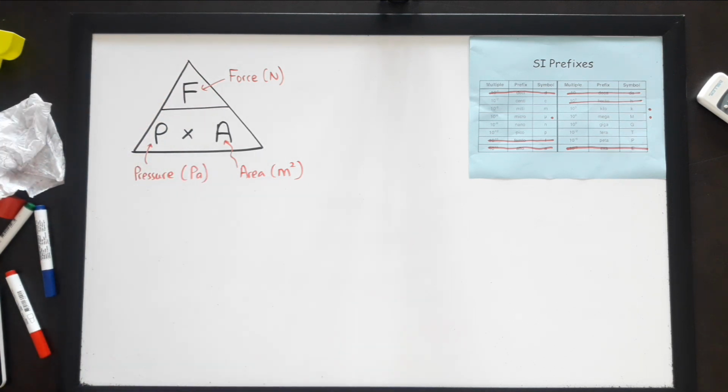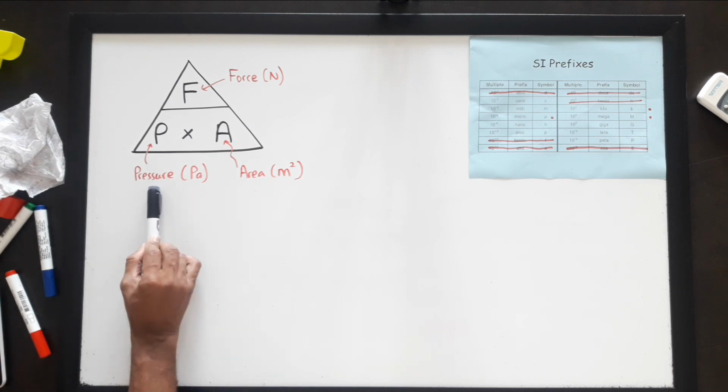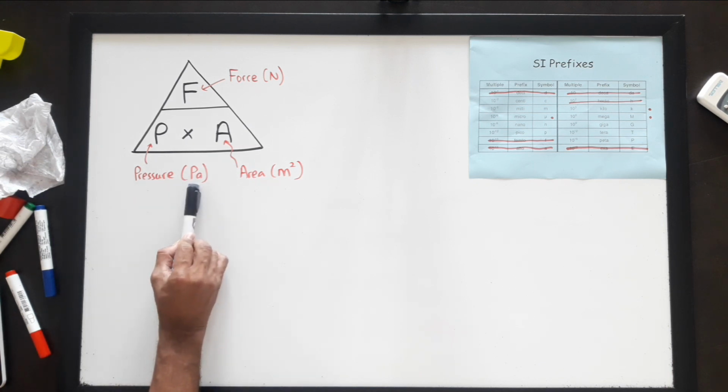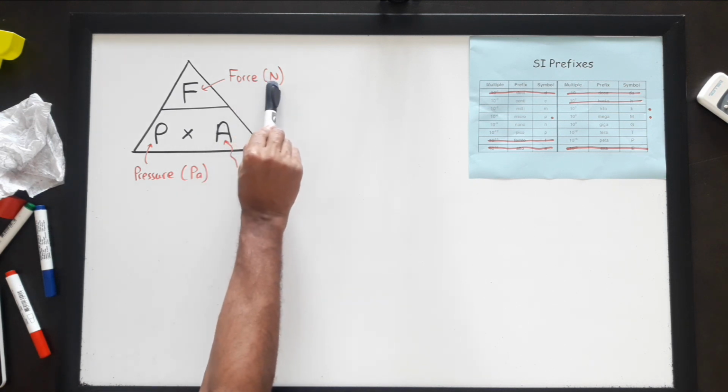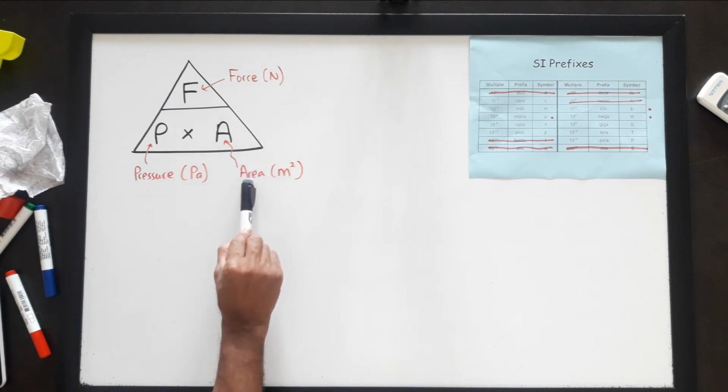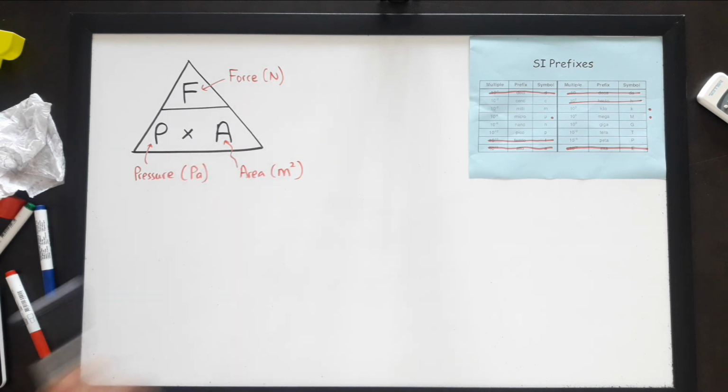Right? So the important thing to remember here is pressure is measured in something called pascals, and I will eventually do a whole video on pressure. And force is measured in newtons, and area for this formula should be in meters squared, not centimeters squared.